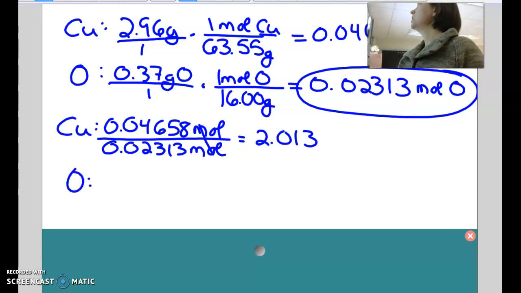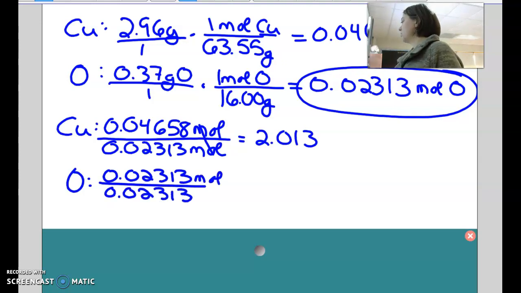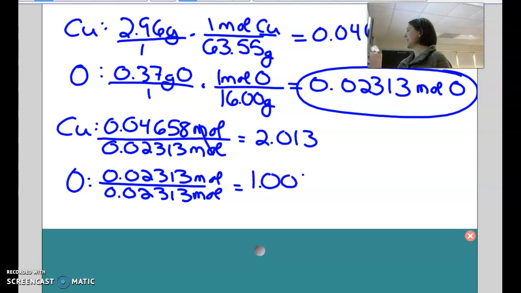And then oxygen, yep, write this out. 0.02313 over 0.02313. Each of these are moles. Equals, well, that's going to be exactly 1. Okay, now let's see what we have to do.